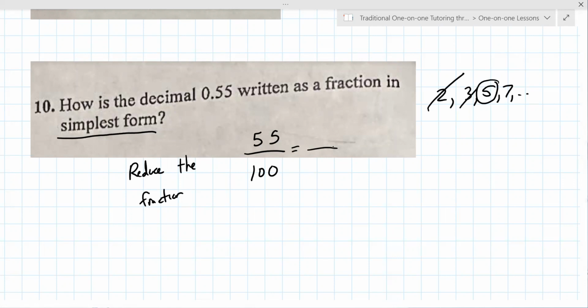Yes, 3 times 18 is 54. We want 55, but they're both divisible by 5. 11/20. Yes, and that is the correct answer. And then that's it. Yes.